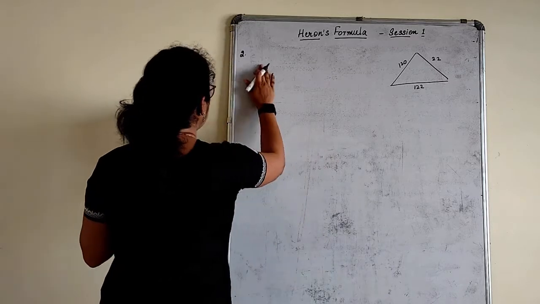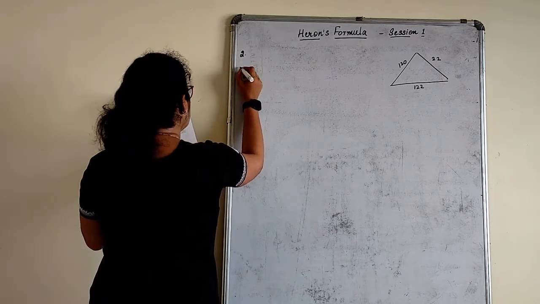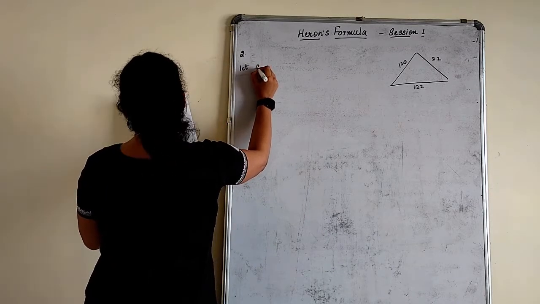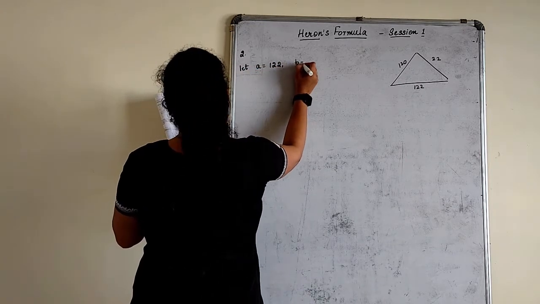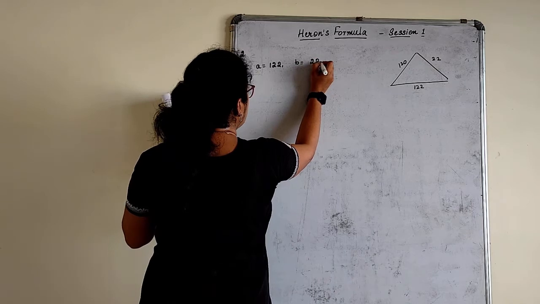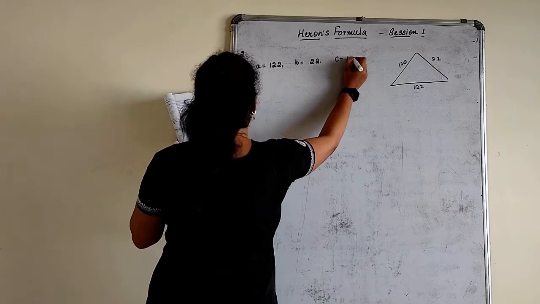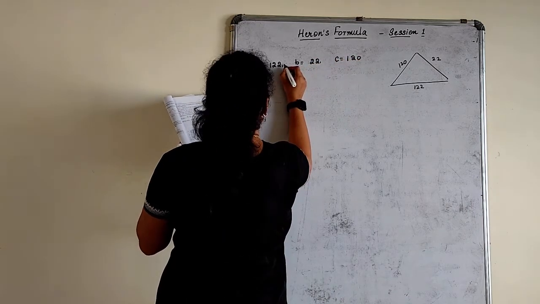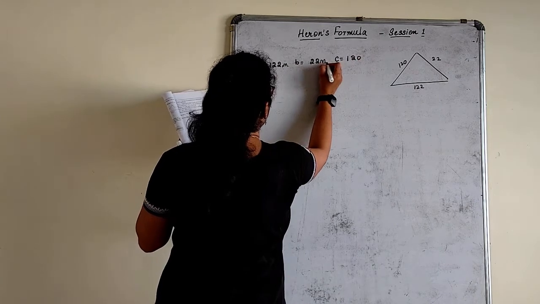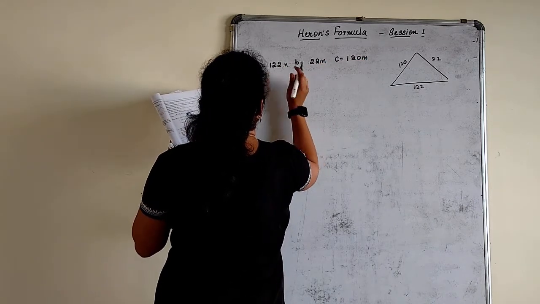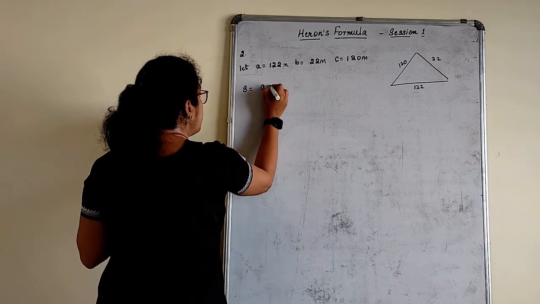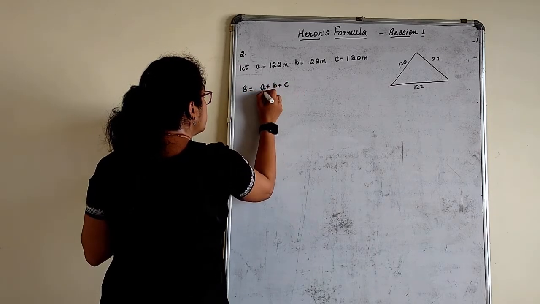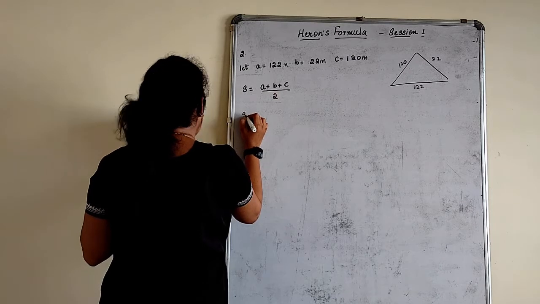For that, first we need to find the area. So let a is equal to 122, b is equal to 22 and c is equal to 120 meters. Semi-perimeter, s is equal to (a plus b plus c) divided by 2.